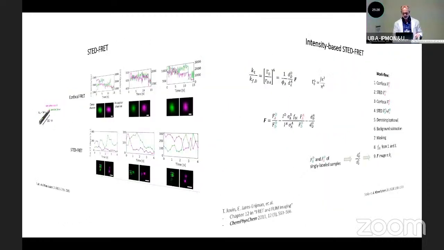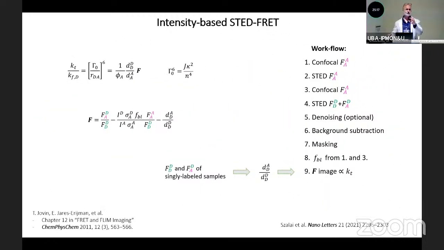Okay, so then we needed a formalism to compute FRET from those intensity measurements. And for that, we use this formalism developed by Tom Jovin and Elizabeth Haref a few years back. It's basically about computing this value F that is proportional to the energy transfer rate. So we are not computing a FRET efficiency. We are just getting a number that is proportional to the energy transfer rate. Okay? And to do that, you need to measure the intensity of the acceptor when you excite the donor, the intensity of the donor when you excite the donor, and the intensity of the acceptor when you excite the acceptor.